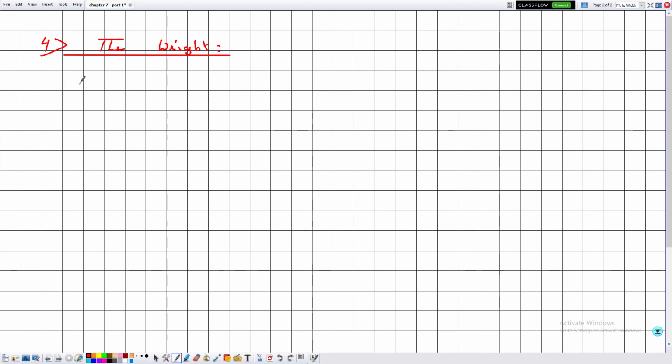It is the force exerted by Earth on any object.